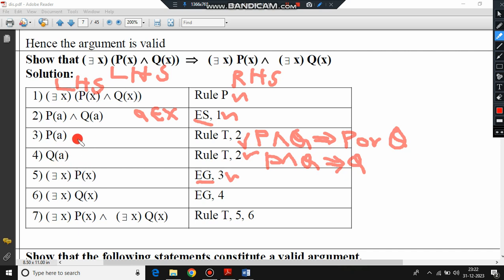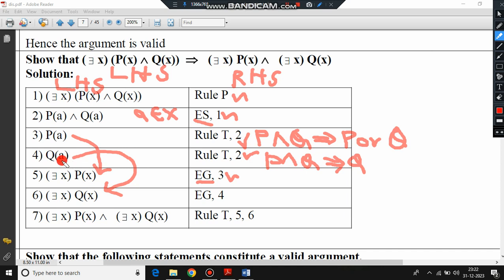Similarly, if the characteristic is true for a, then you replace a by x and generalize that to existential, and we get there exists x, q of x.